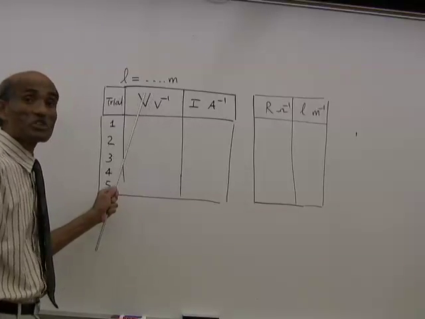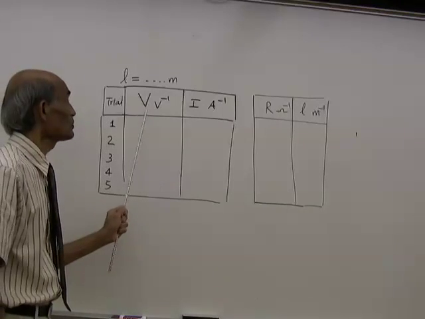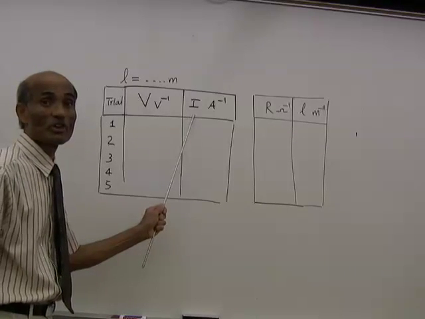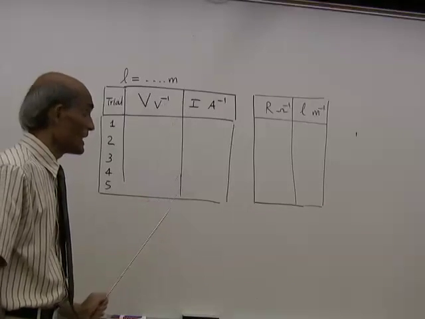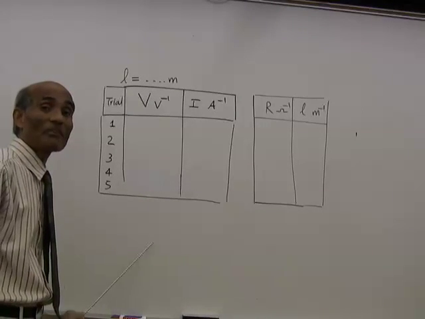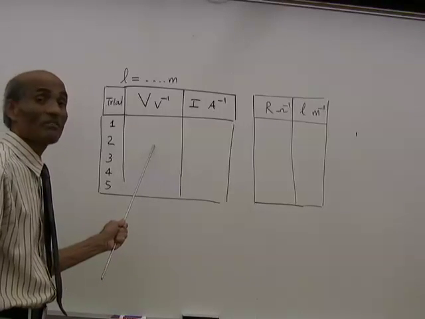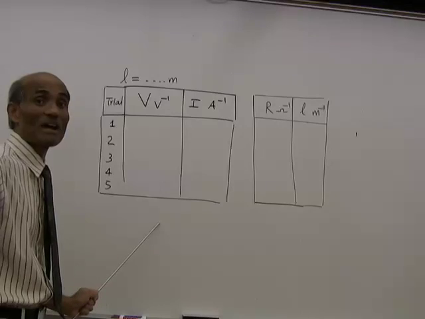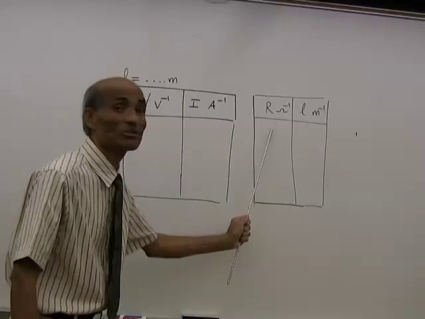So for each conductor, you will have a table like this. Trials, the potential difference, the current, and of course the length of the conductor. And then you draw a graph and obtain the resistance. There will be 5 tables and 5 graphs, and now use all those resistance values here.